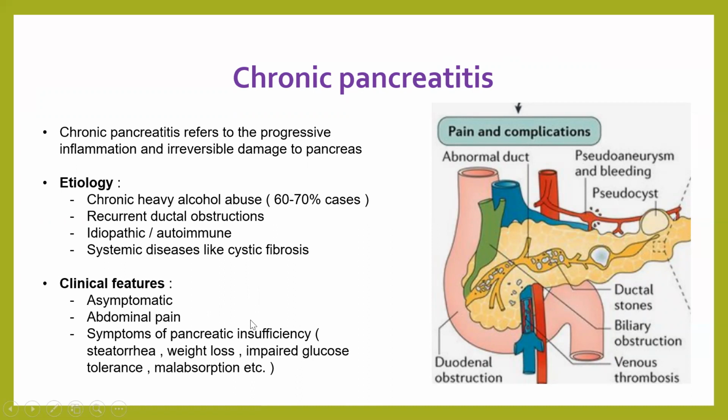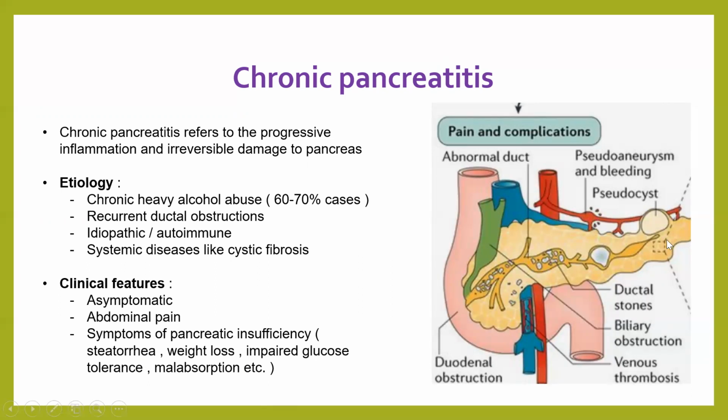Clinical features of chronic pancreatitis are quite different from acute ones. Usually they are just asymptomatic. And what you see is over a long period of time, you see a decline of the pancreatic function. So depending upon the functions of the pancreas, you can think logically that we are going to have steatorrhea, weight loss, impaired glucose tolerance, and malabsorption.